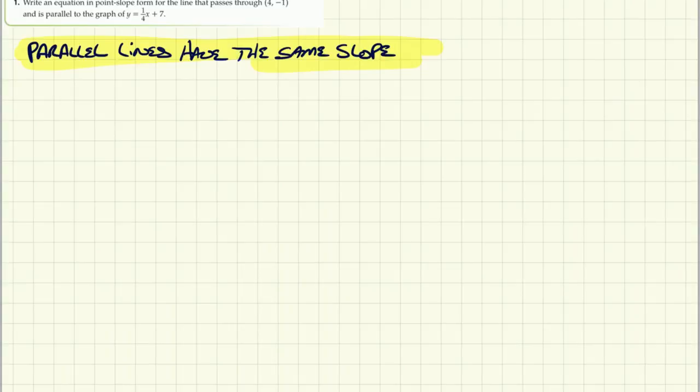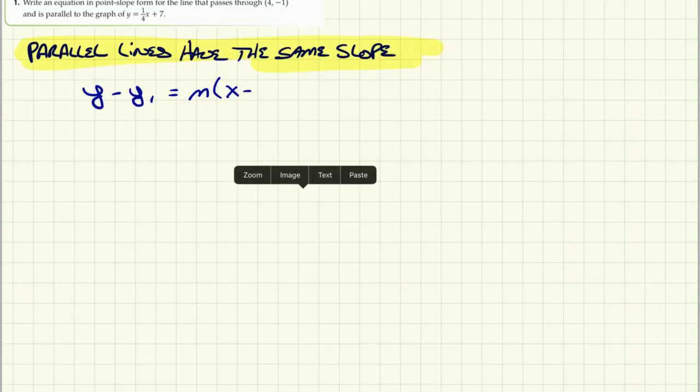The general form of point-slope form is y minus y1 equals the slope, which we usually call m, times x minus x1. That's the general form of point-slope.